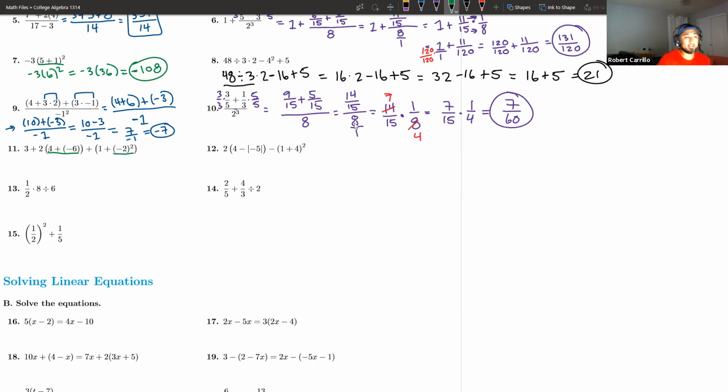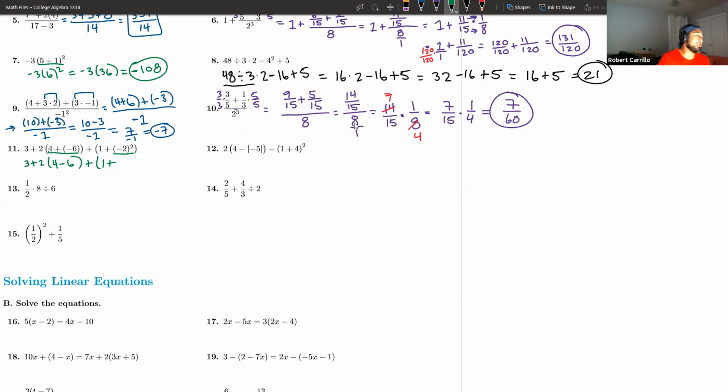So we're gonna get 3 plus 2, and 4 plus negative 6 is the same as 4 minus 6. Plus parentheses 1 plus that negative 2 squared.